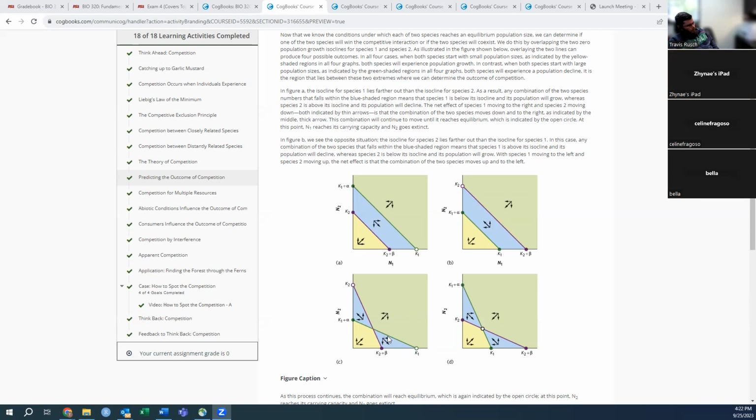If we're increasing one's population and decreasing two's population, the net effect is to move towards the x-axis, and the carrying capacity of one would be that equilibrium point. But if we're over here, it's going to be the opposite, right? We're above green and below purple, so we're going to move up towards two and move on the x-axis to zero, where population two now wins out.